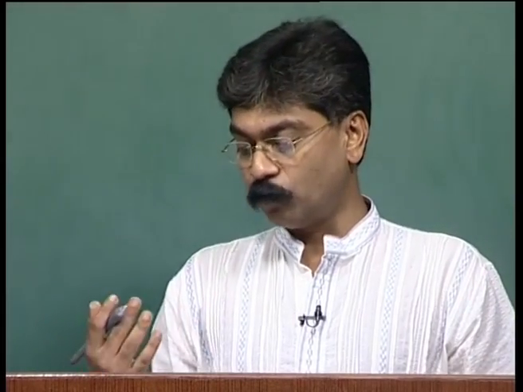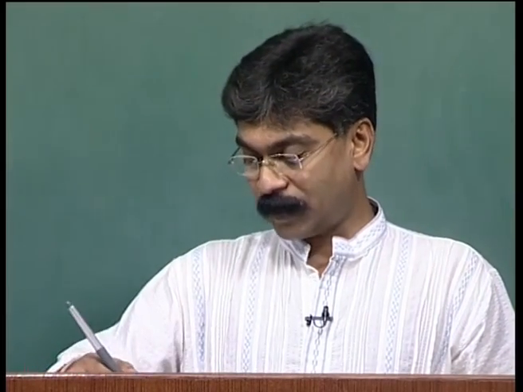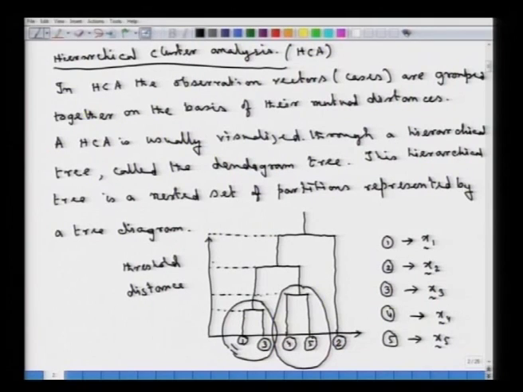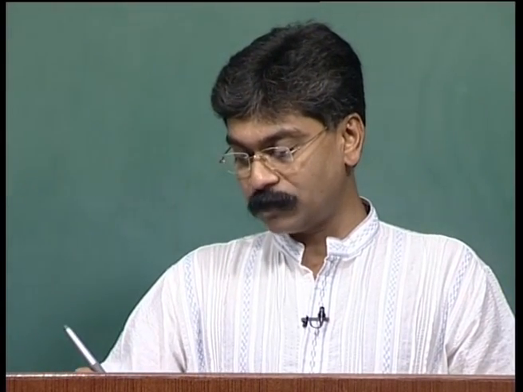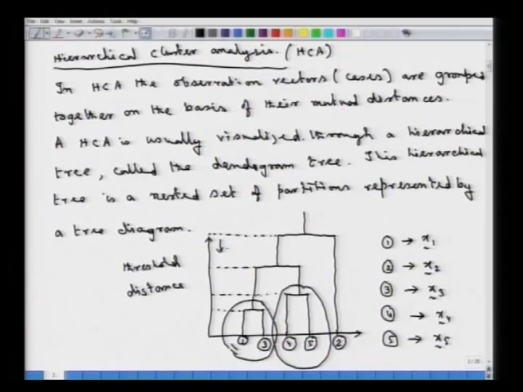If we make our resolution of looking at the data finer, if we come down in the threshold distance here, we will see more and more clusters emerging from that data. If we come down to this level and fix our frame of reference at this particular point, we will see that there are two distinct clusters in the data, and as we go down in the distance level, we will see more and more clusters.